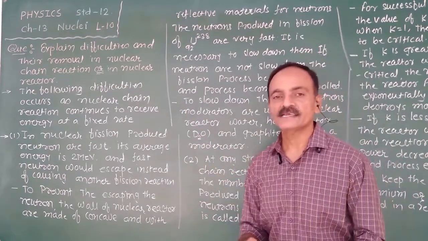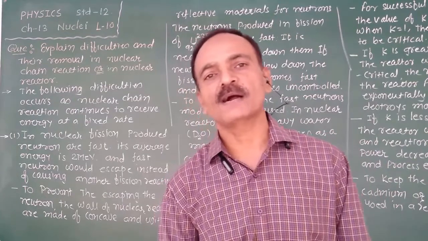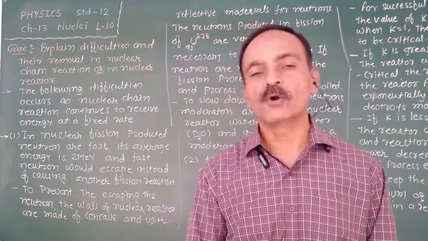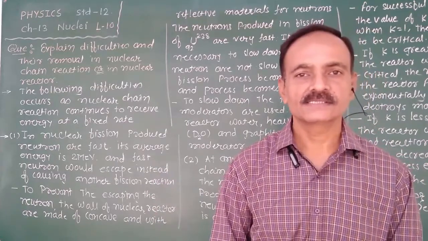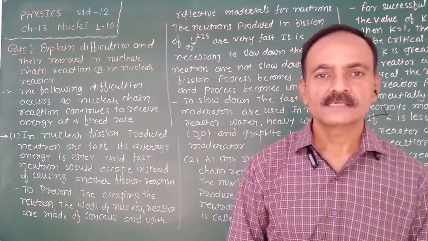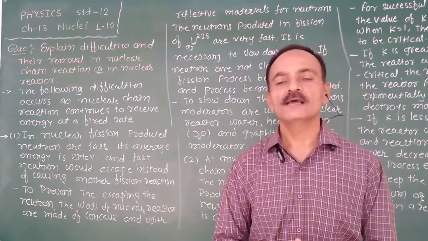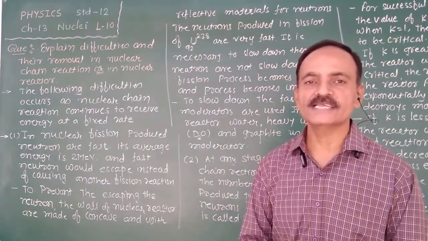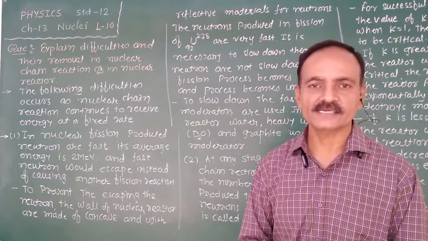The question is that any two difficulties and their solutions may be asked for a 2 marks question. In past board exams, the whole question was asked for 4 marks. So for 2 marks, any two difficulties and their removal for a successful nuclear chain reaction in a nuclear reactor can be asked.